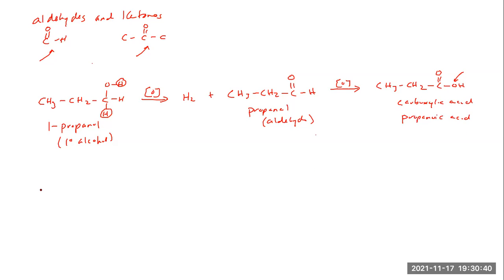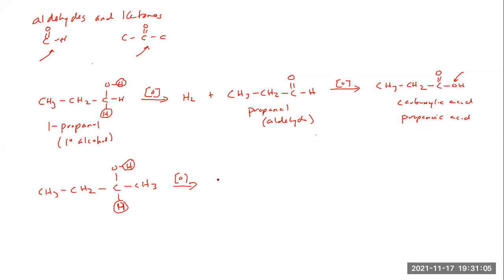And obviously our secondary alcohol is where we yield our ketone. Going through the oxidation step here, we're going to take off a hydrogen from the oxygen and a hydrogen from the carbon.